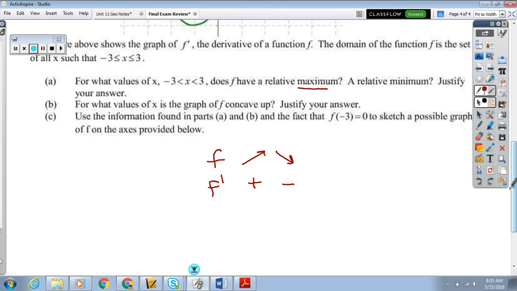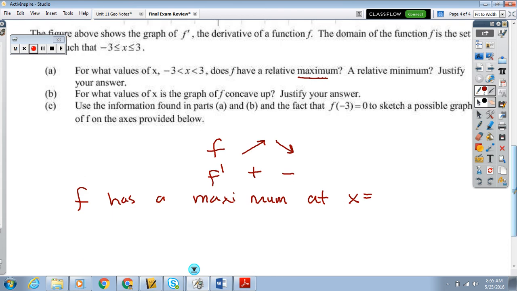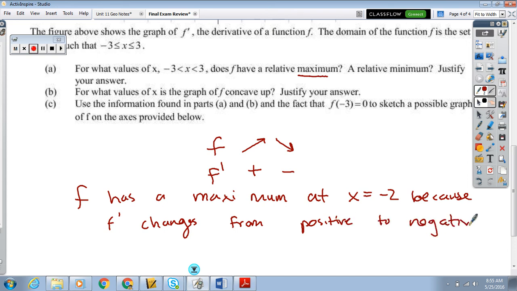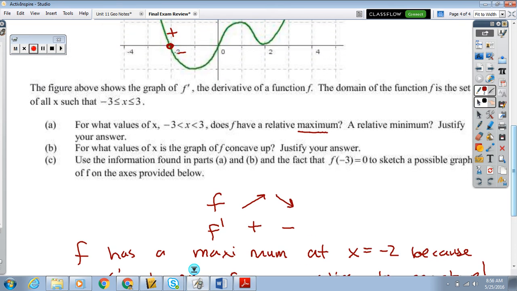So I would write f has a maximum at x equals negative 2 because f prime changes from positive to negative. Yay! And then minimum is very similar.